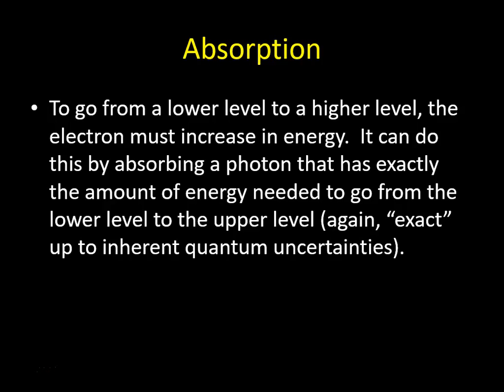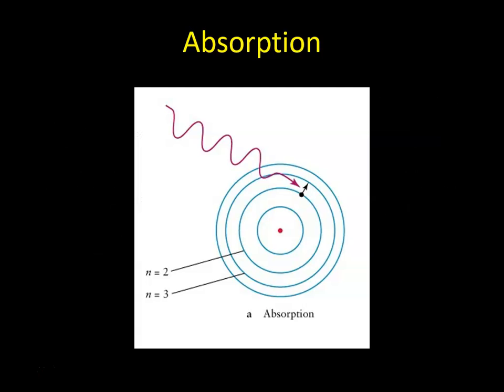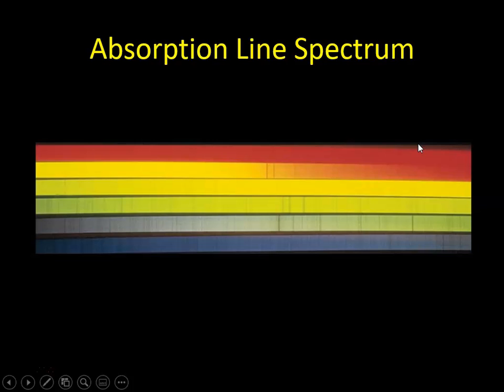But only the particular energies, at least up to inherent quantum uncertainties and Doppler effects that we're going to talk about later. So, something like this. So yeah, the photon has to have the correct energy corresponding to the energy difference between this energy level and this next energy level. So that's how you get absorption spectra.